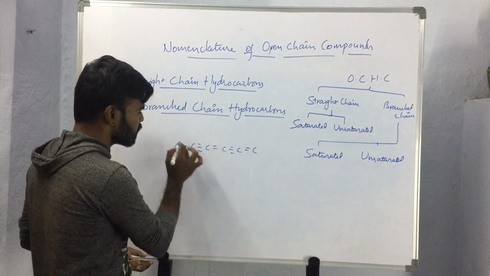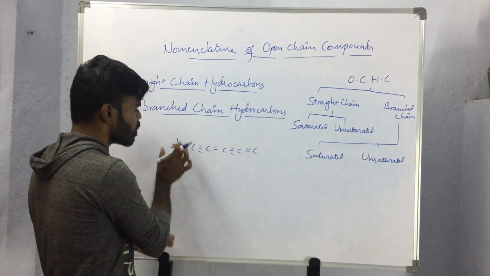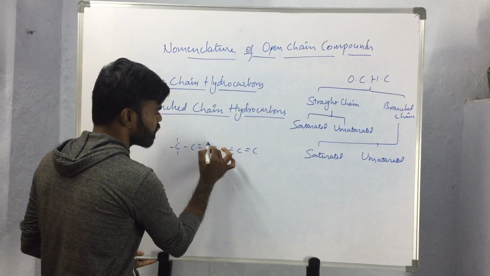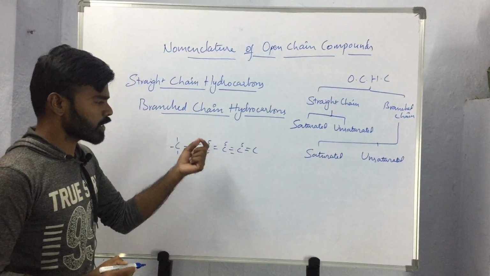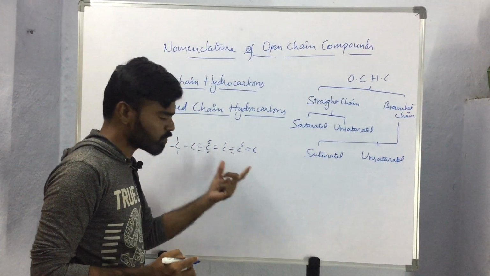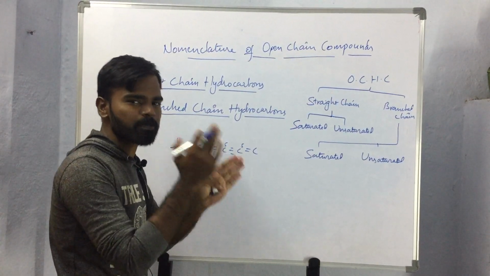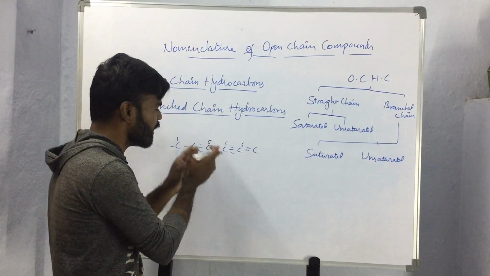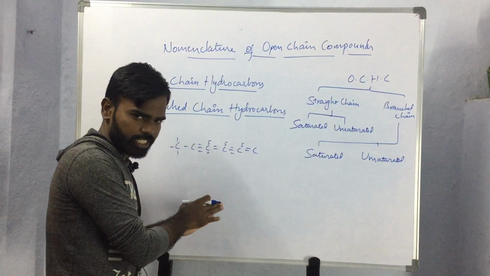Actually, the valency of a carbon atom is 4. That means a carbon atom will form only 4 bonds. In this case, this carbon atom is forming 5 bonds, this carbon atom also 5 bonds, this carbon atom also 5 bonds. So we should remember that a carbon atom will form only 4 bonds. Its valency is 4 only. I took it like this just to explain how we will name a compound having multiple and combined unsaturations.